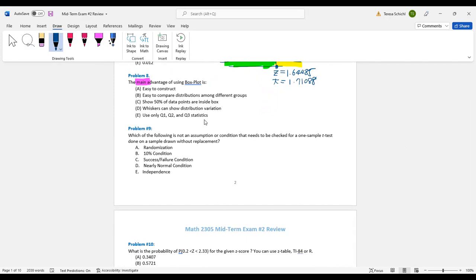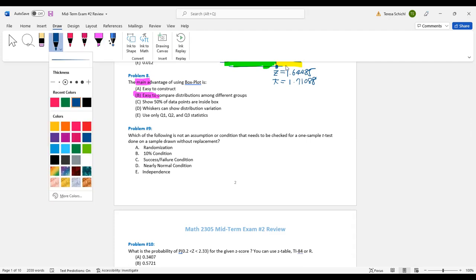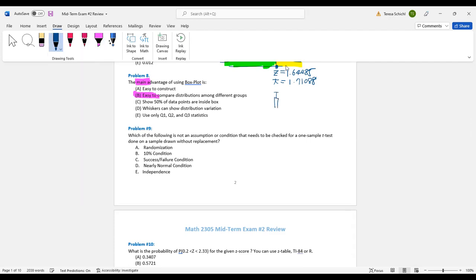So then in here, we say easy to compare the distribution among the different groups. And we know this is my main advantage here. Because remember we talked about, for the box plot, you can put a lot of them in a similar graph, so you'll be able to compare several groups in one single graph.